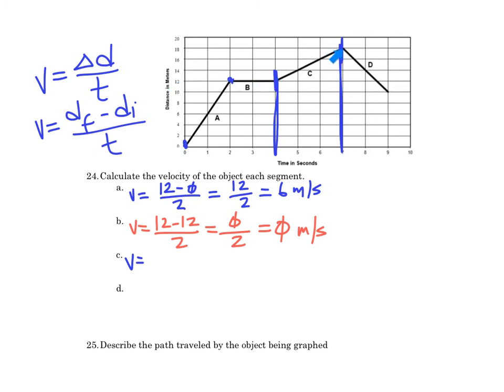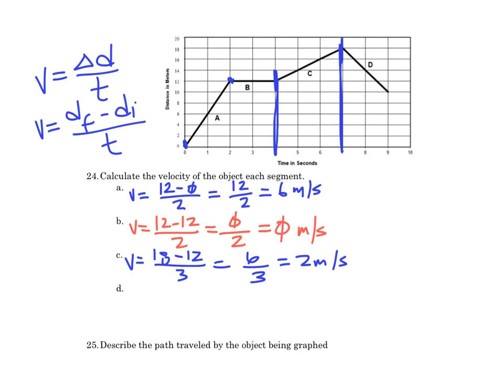My final distance was here and it ended at 18. So 18 minus 12 divided by, count the spaces, 1 second, 2 seconds, 3 seconds. So 18 minus 12 gives me 6. Divided by 3 seconds gives me a velocity of 2 meters per second.